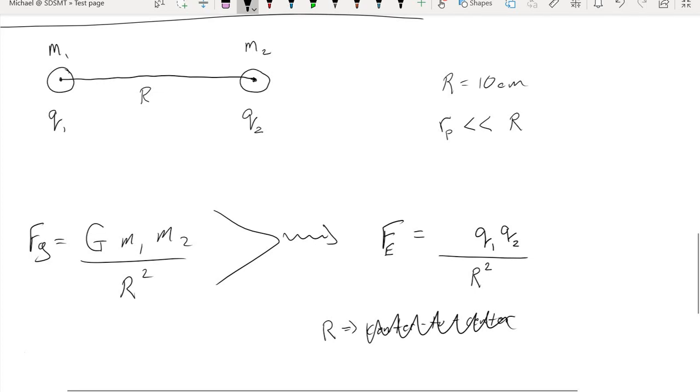Well, this is looking very, very much like Newton's version of his gravity equation. The only thing that we're missing here is that proportionality constant.